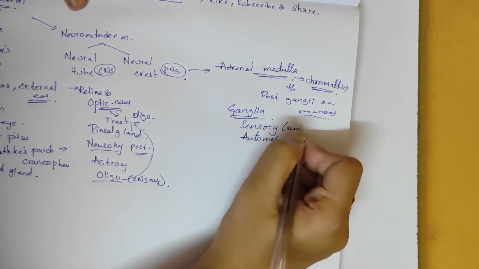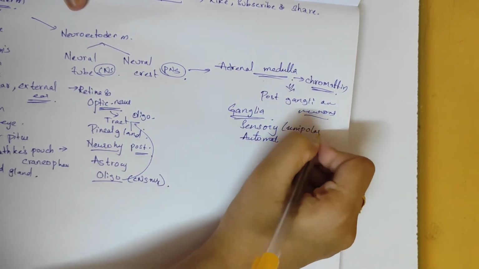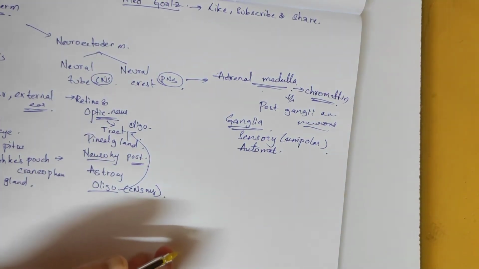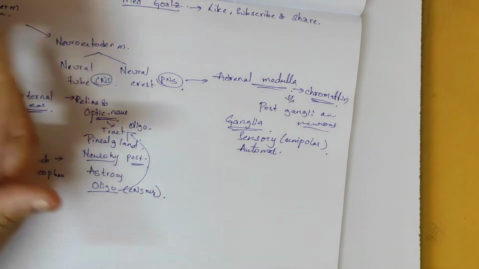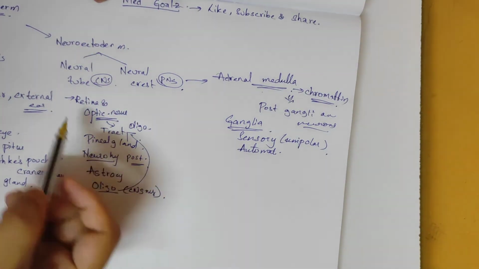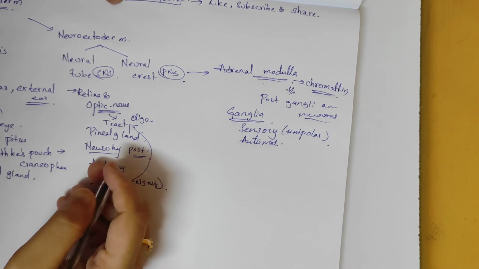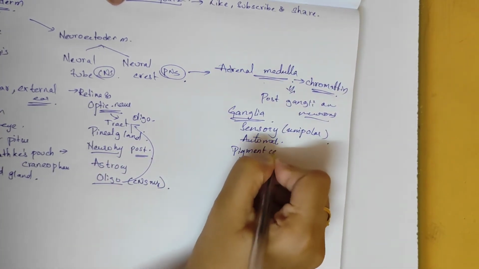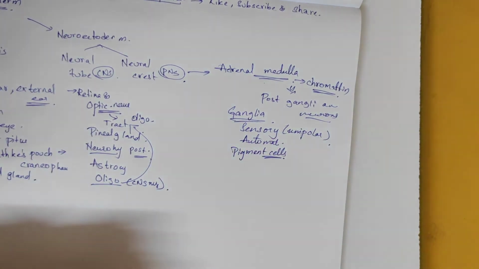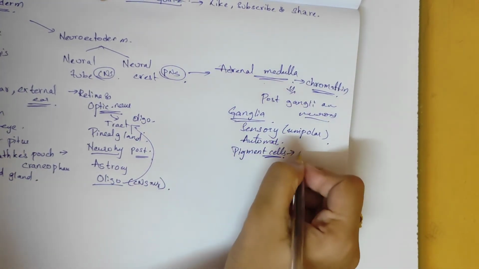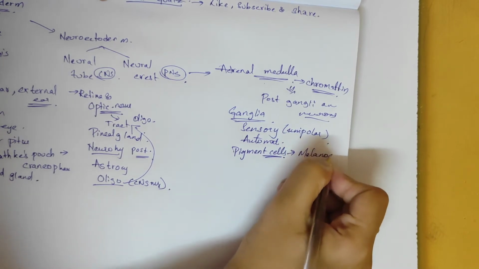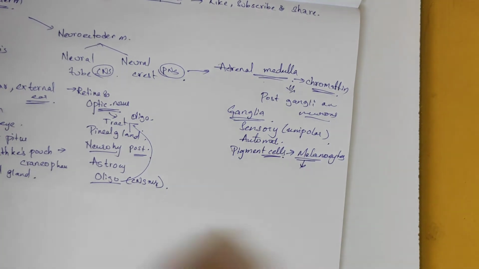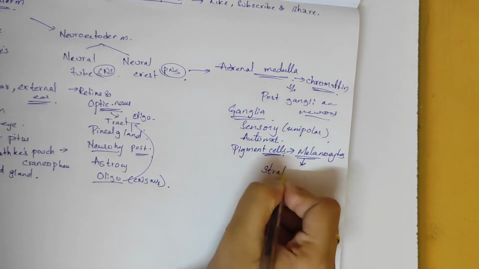All sensory ganglia come under the neural crest except for one, the axon of the optic nerve, as it is myelinated by oligodendrocytes of the CNS. And next one is pigment cells. Where are the pigment cells present? In skin, we know, which are melanocytes. But in which part? The basal layer, the famous stratum basalis.